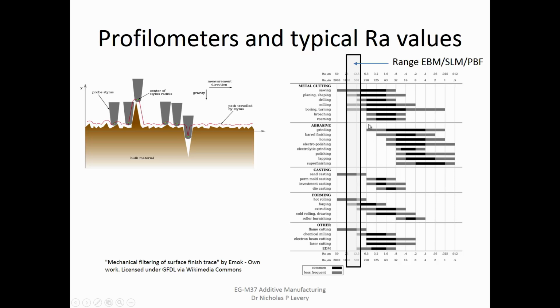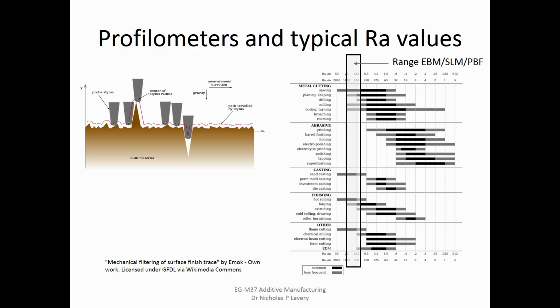And if we look at what comes out from powder bed fusion or electron beam or selective laser melting, or whatever you want to call that additive process, we are consistently in the rough end of the spectrum.